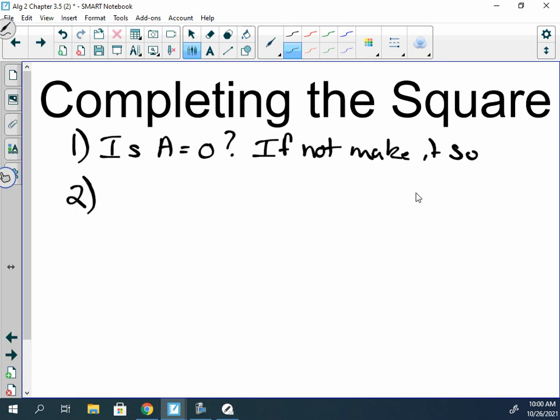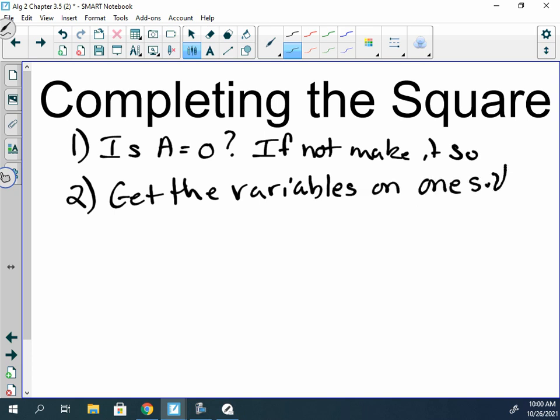Two, get the variables on one side and the constant terms on the other.